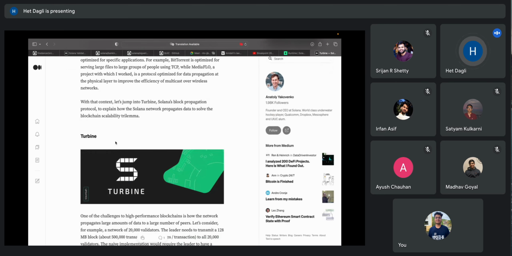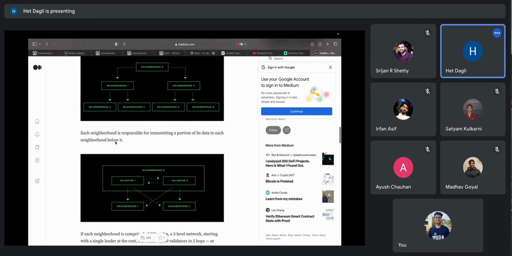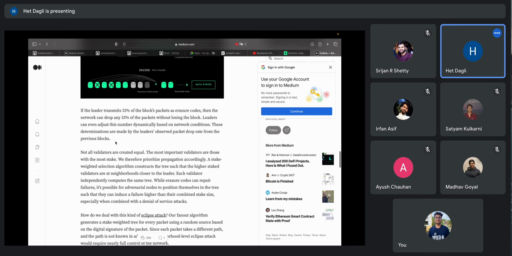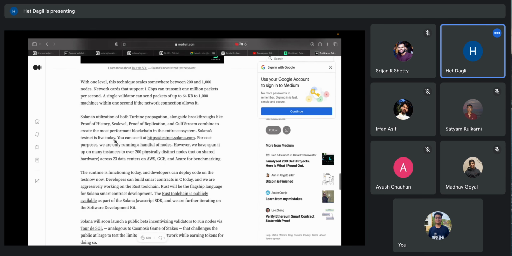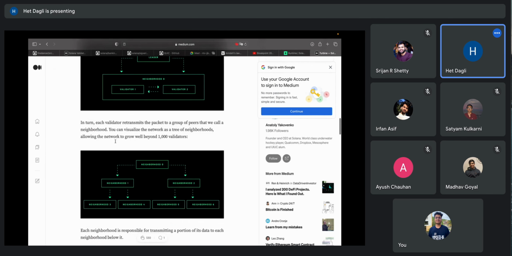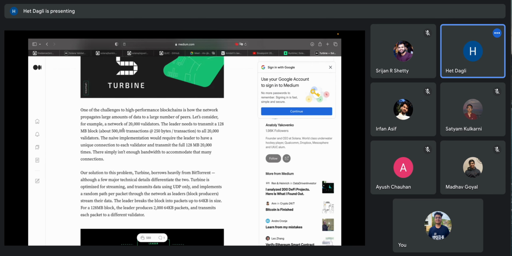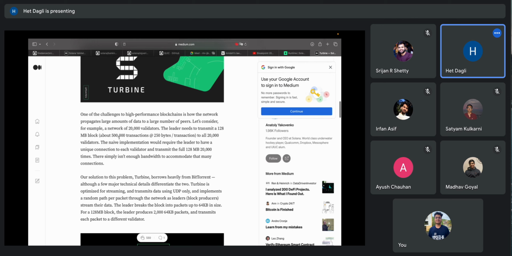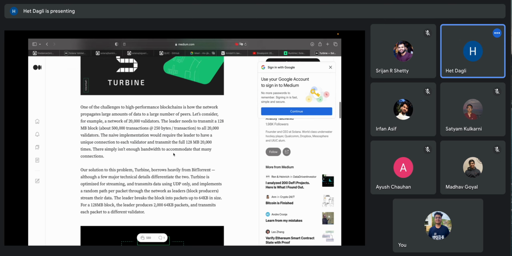So here are the numbers. I think in this blog they mentioned the numbers. The leader needs to transmit 128 MB blocks, but obviously you shred it.